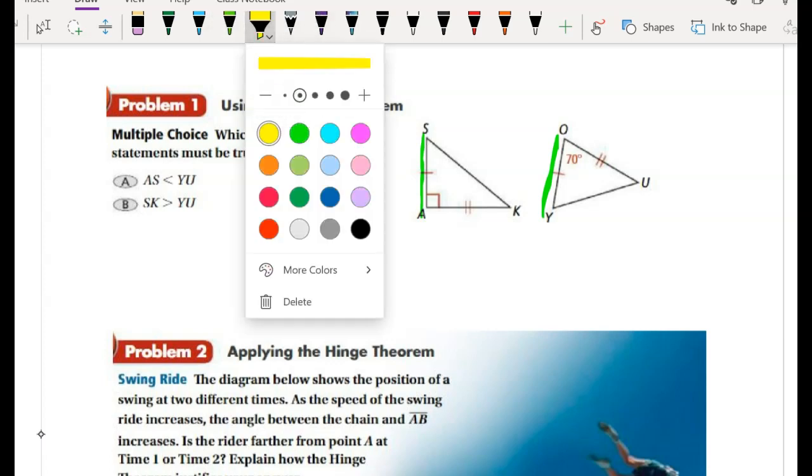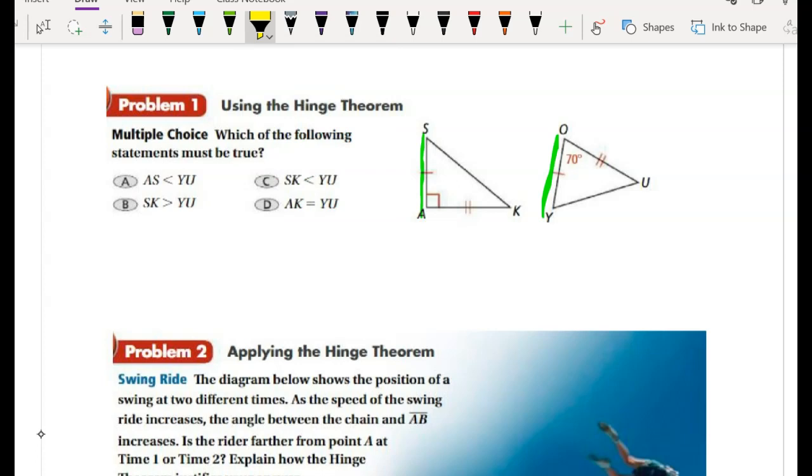Now let's see. AK is congruent to OU. How do I know? Once again, they have the congruency markers.